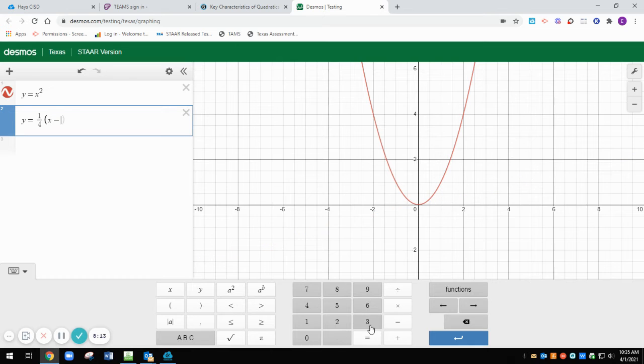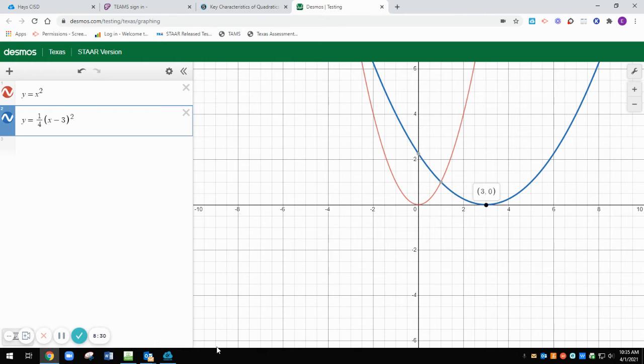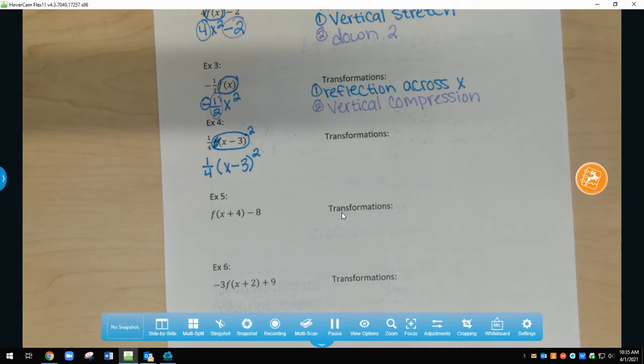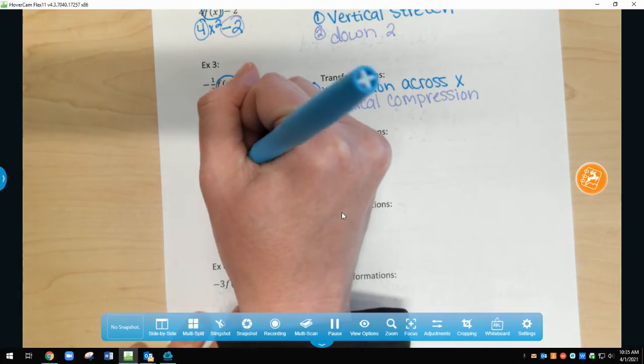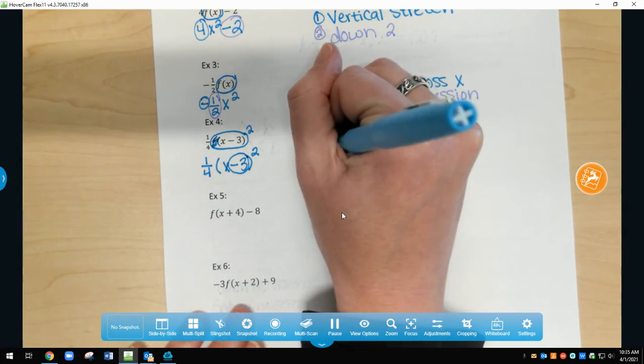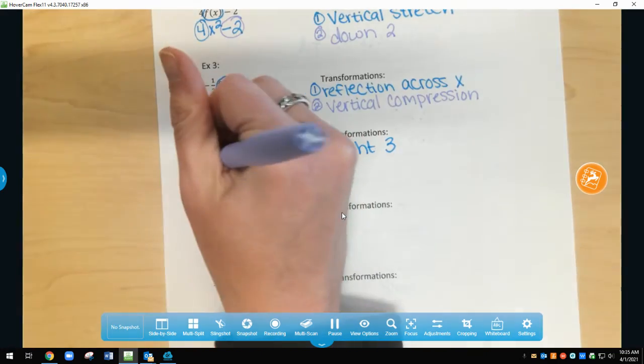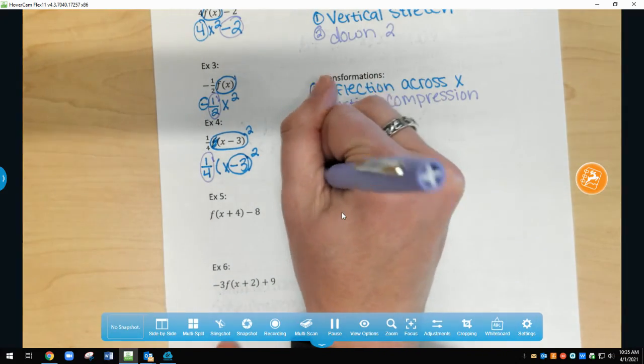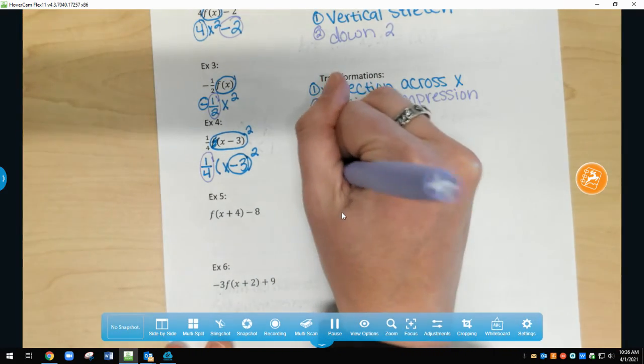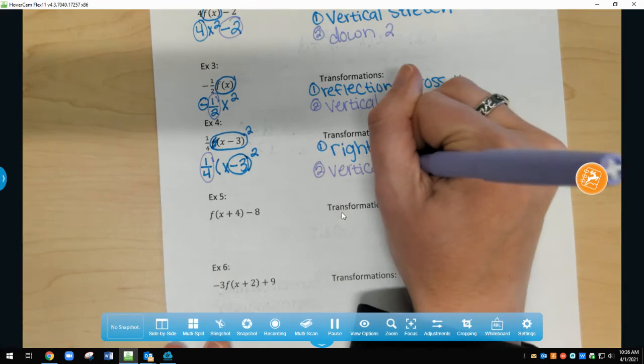Parentheses x minus 3, close that and square it. Okay, so if we look, focus on the vertex. We moved to the right 3, because of this 3 here. So we moved right 3, and then because of the 1/4, that second graph was fatter, so it's a vertical compression.